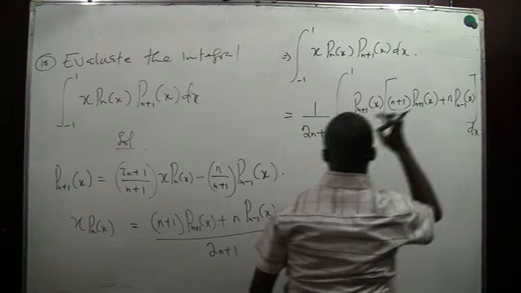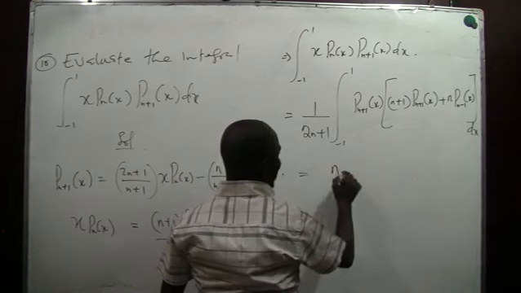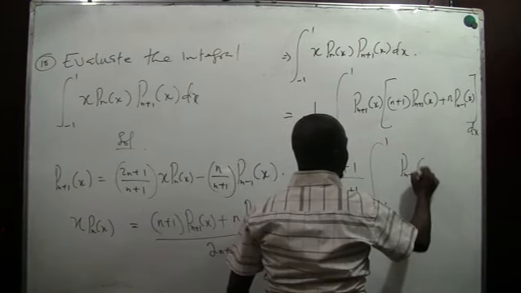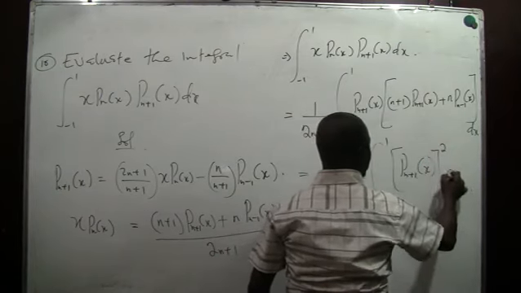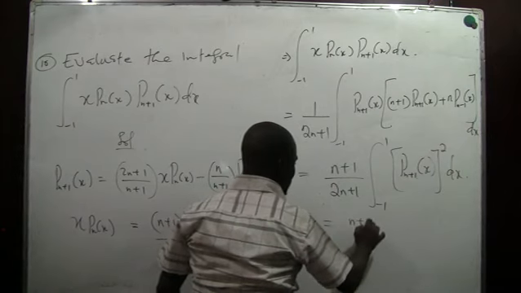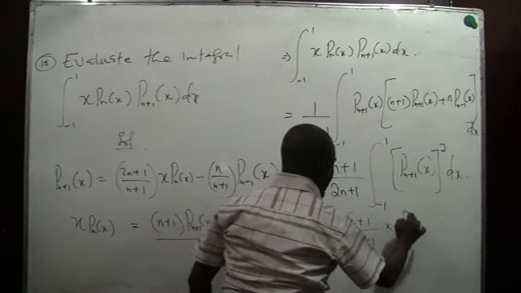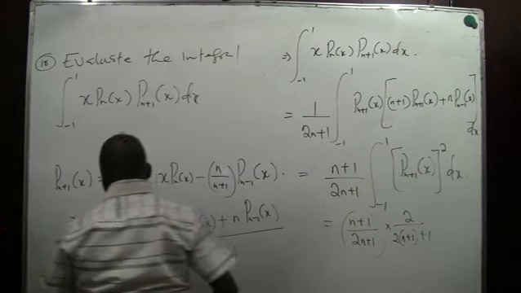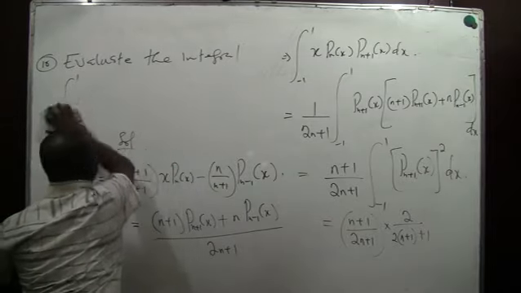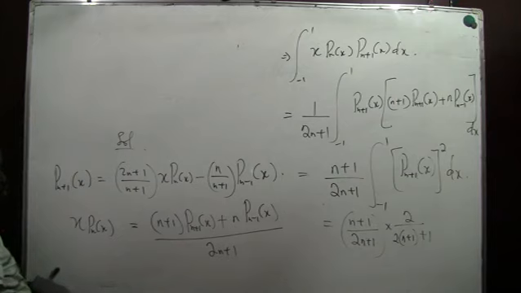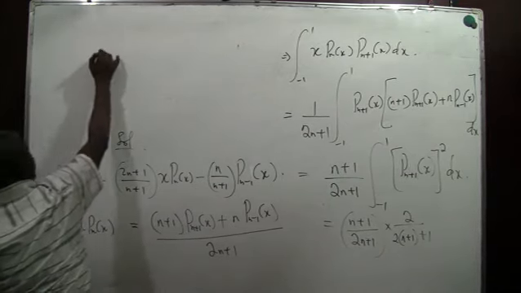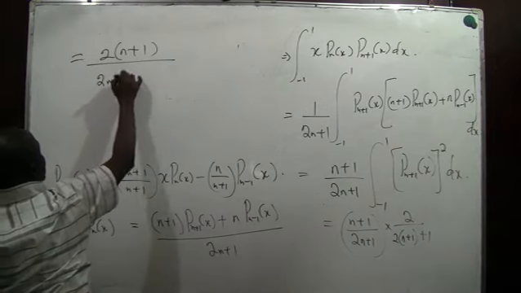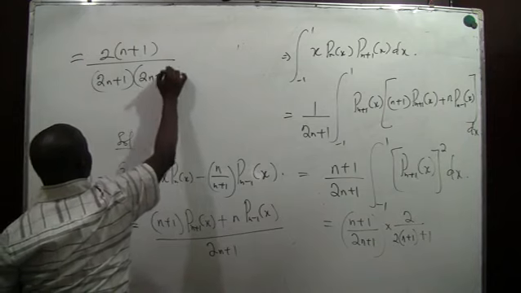They have different subscripts. So that means I have this to be (n+1) divided by (2n+1) times the integral from minus 1 to 1 of (P(n+1)(x)) squared dx, which gives (n+1) divided by (2n+1) multiplied by 2 divided by (2(n+1)+1). And the final result for the integral is 2(n+1) all divided by (2n+1)(2n+3).